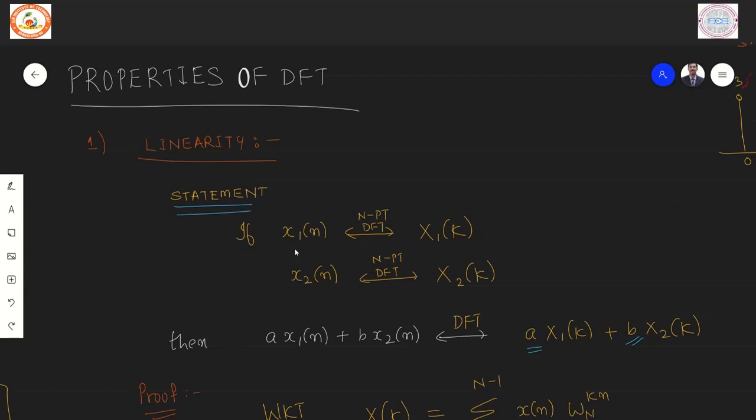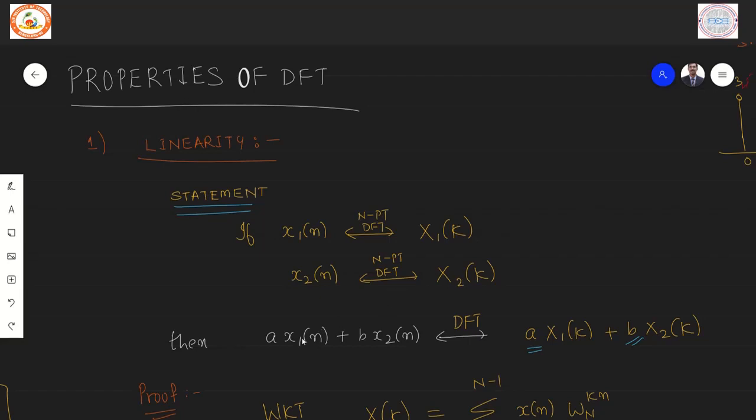To consider the statement of linearity, we have to take two sequences, x1 of n and x2 of n, having the respective DFTs given by X1 of k and X2 of k.